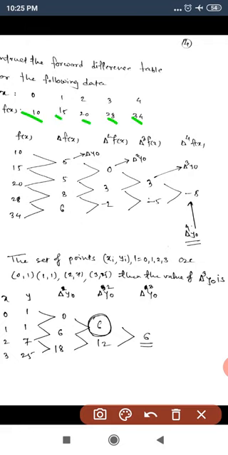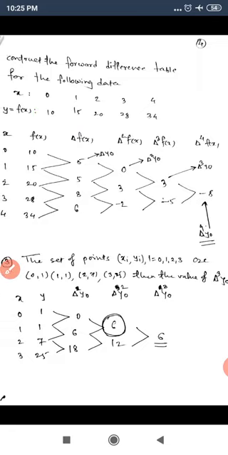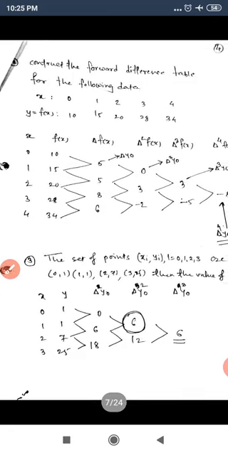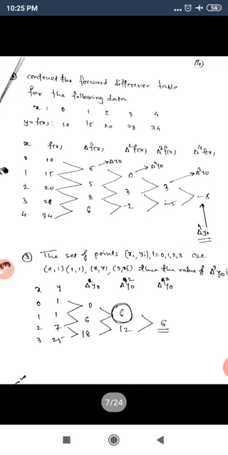So 5 values are given. Now make the difference table. In vertical line, values of x 0, 1, 2, 3, 4. Length of the interval is equal to 1. Values of y 10, 15, 20, 28, 34.